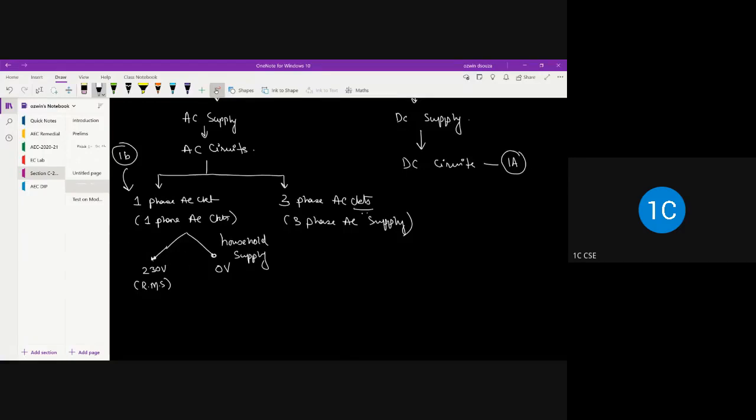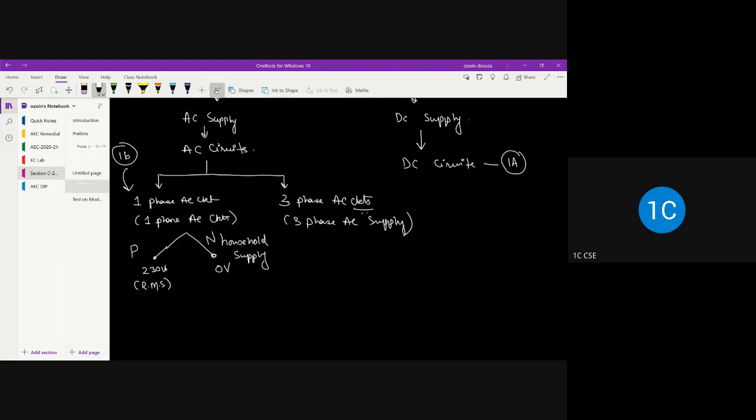Now, these 2 terminals, or these 2 voltage levels, usually have some color representation also. Normally, one terminal is given the phase naming, and the other terminal is given the neutral naming. But you can interchange because AC is bidirectional. If you measure from phase to neutral, or from neutral to phase, the voltage will not change. It remains 230 volt because the signal is bidirectional.